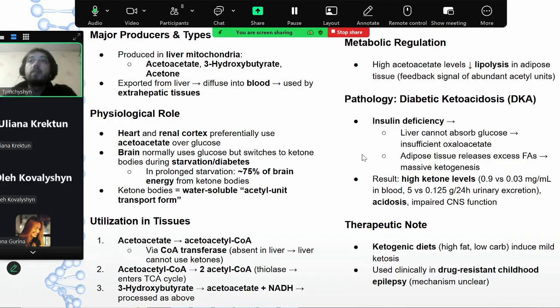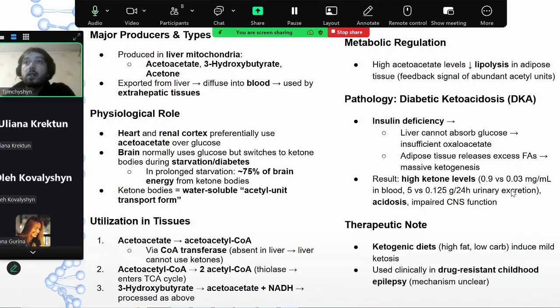Anyway, the liver will not absorb glucose and will get insufficient oxaloacetate, and adipose tissue will release an excess of fatty acids, thinking that we are in a state of starvation, and as a result the fatty acids will be transformed into ketone bodies, so the level of ketone bodies will be high.